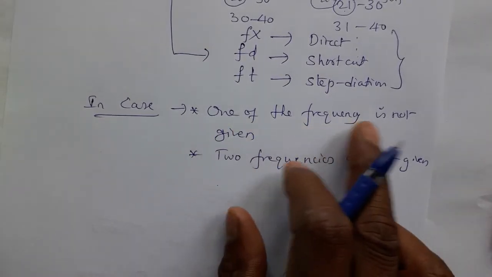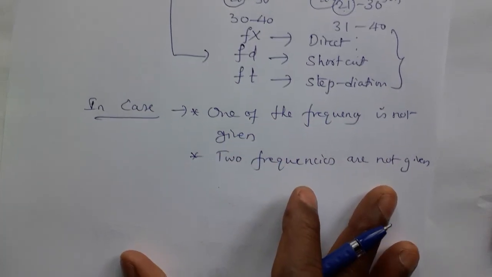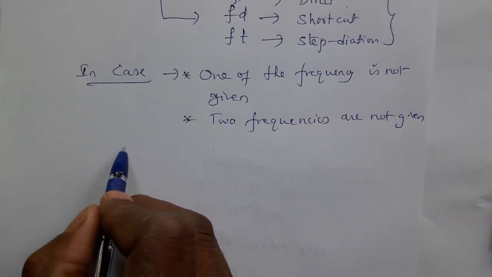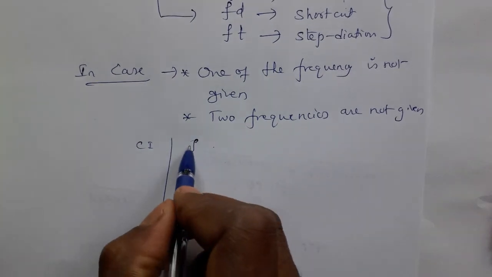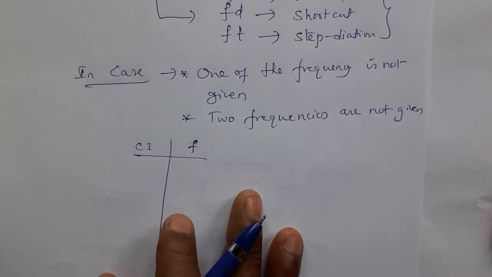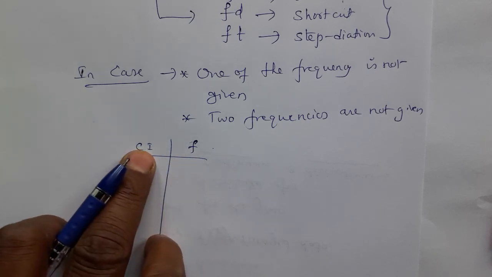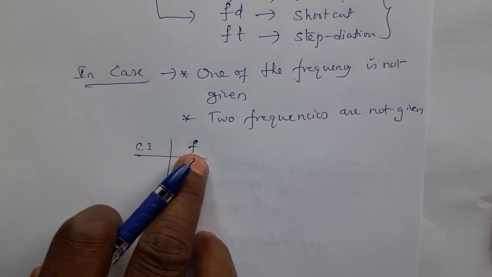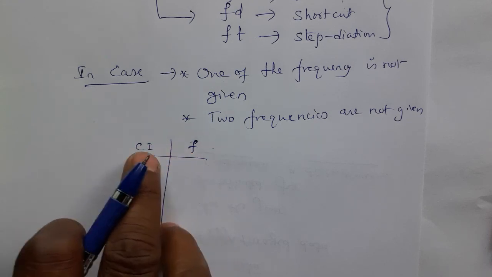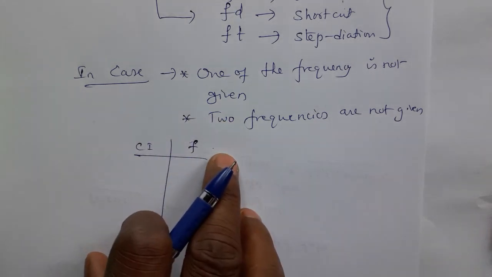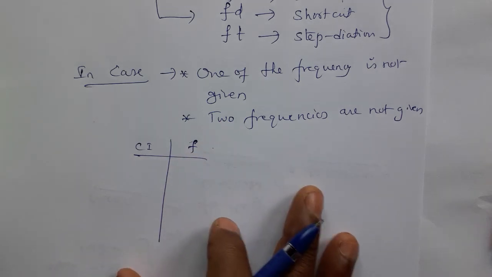In case one of the frequencies is not given, there are two columns, isn't it? One column is the class interval column, the other one is the frequency column. If it is array data, they directly give the X column and F column. In distributed data, they give the Ci column and F column. We have to convert Ci to X by getting the mid value.